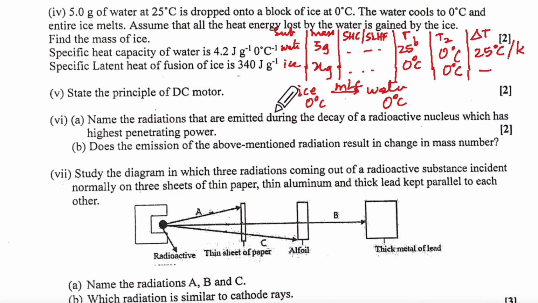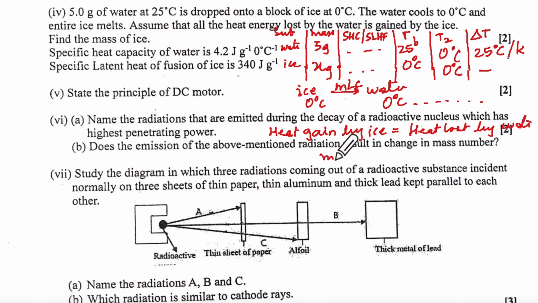And then at equilibrium, by the principle of calorimetry, what is going to gain heat? Ice. Heat gained by ice is equal to heat lost by water.